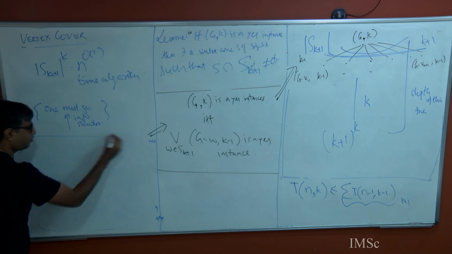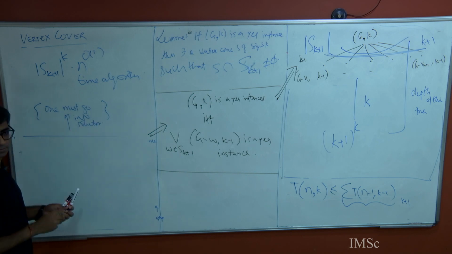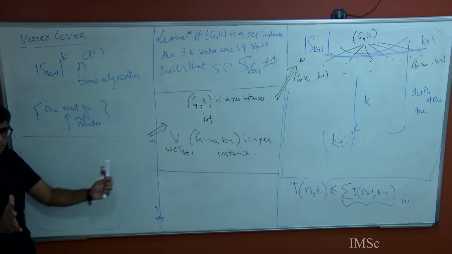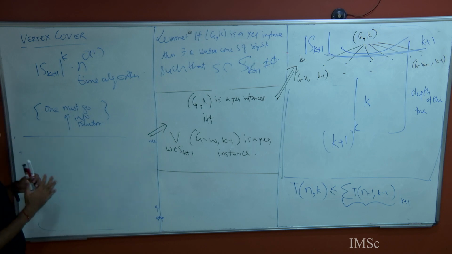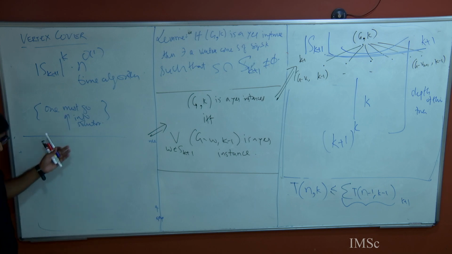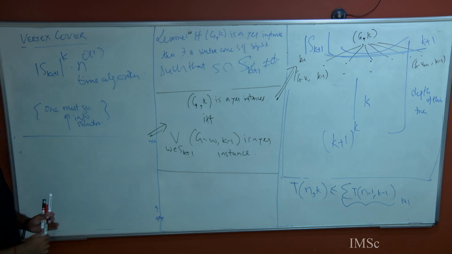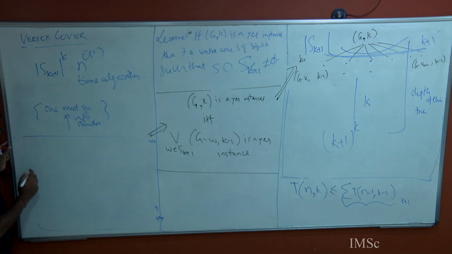What could be the natural strategy to improve this algorithm? I don't want it with respect to vertex cover, but if you are thinking as a person, what do you go about it? What could you reduce, so that you can say that then definitely my running time could improve? Exactly, right.